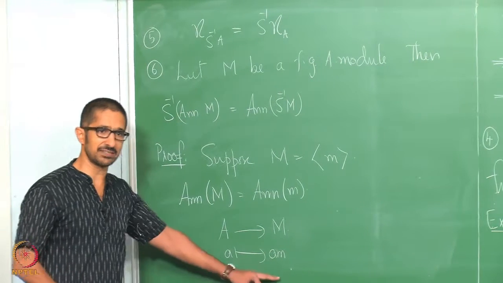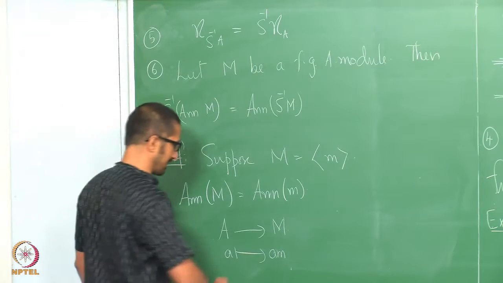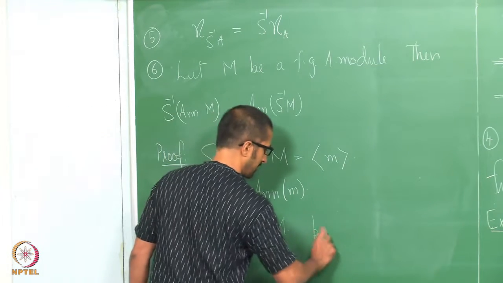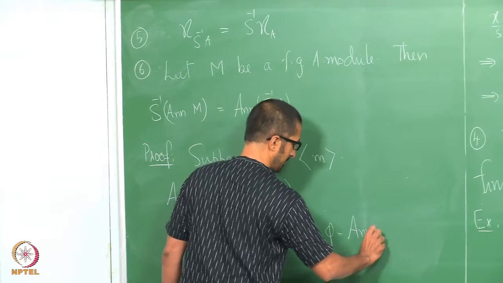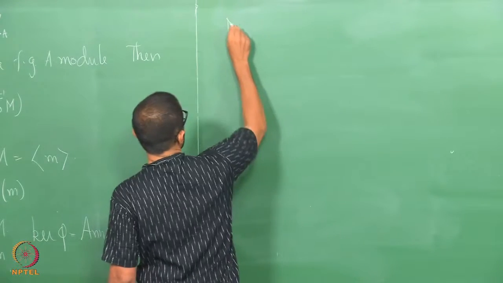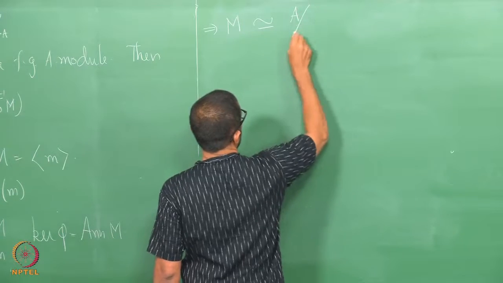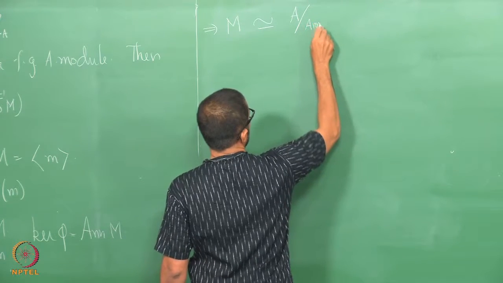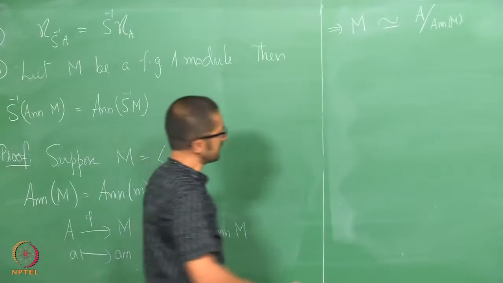This is a surjective module homomorphism, and what would be the kernel? Kernel phi is the annihilator of M, small m or capital M, whichever one you want to write. So, M is isomorphic to A mod annihilator of M in this case, right.